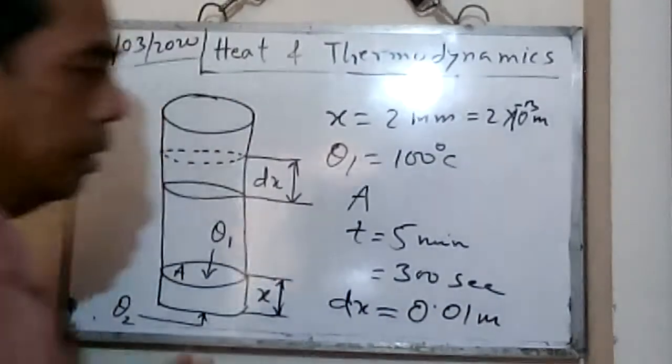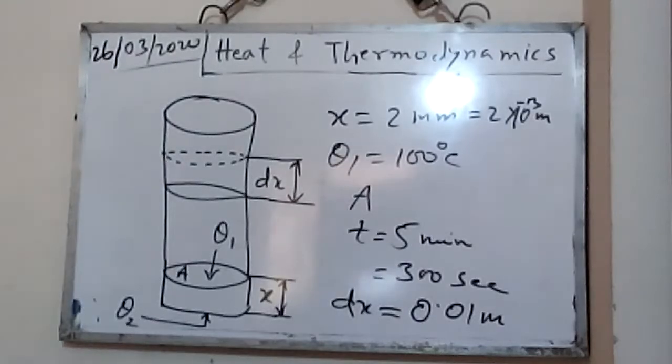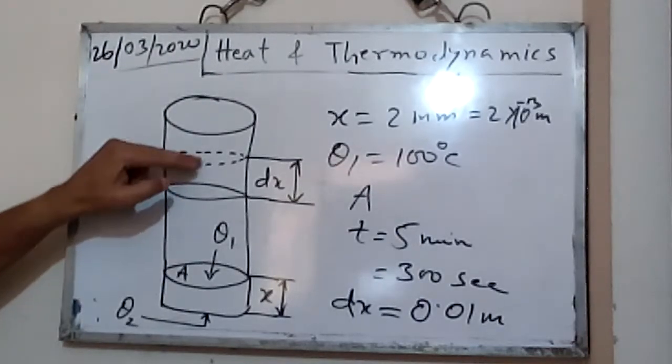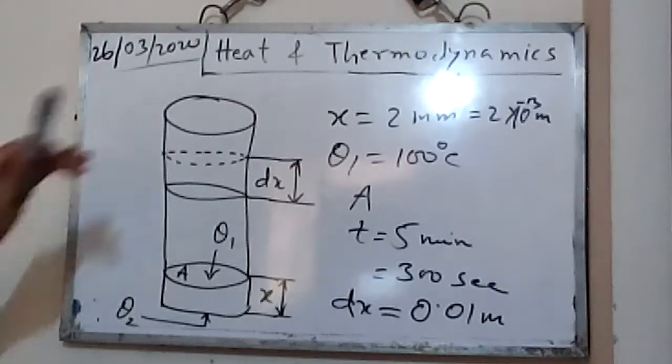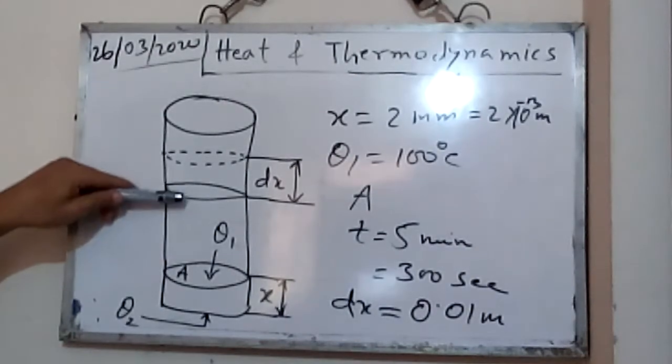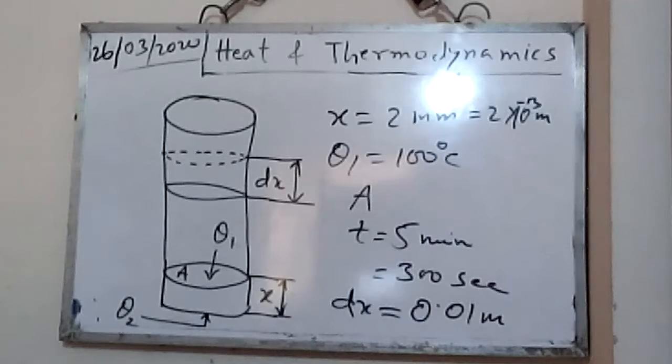The level of water decreases by dx, where dx equals 0.01 meter.